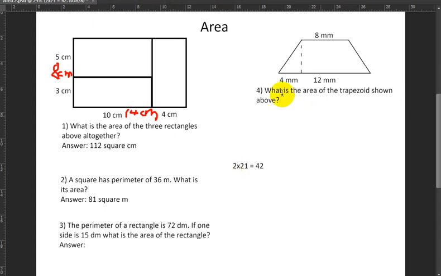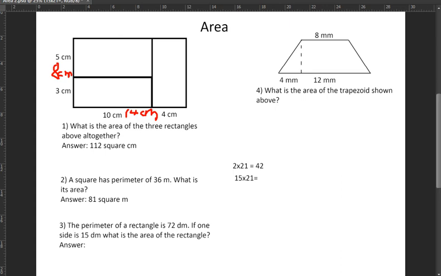So each of the sides is 21. Each of the big sides, well, apparently these are the big sides, since the shorter ones are 15, that would make these sides 21. Okay, and it wants to know the area of the rectangle. Now to find the area of the rectangle, we should remember that we need to multiply one short side with one big side. So we need to do 15 times 21.